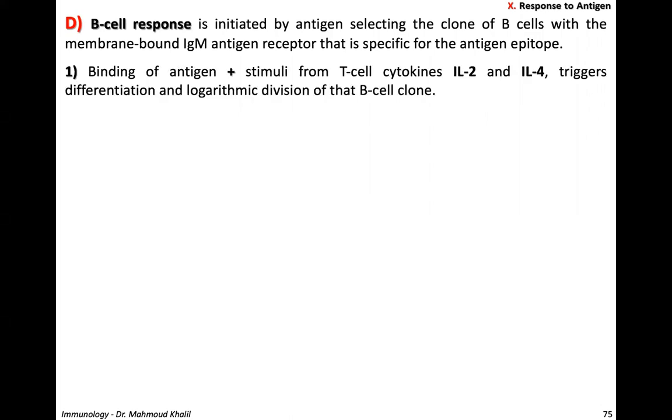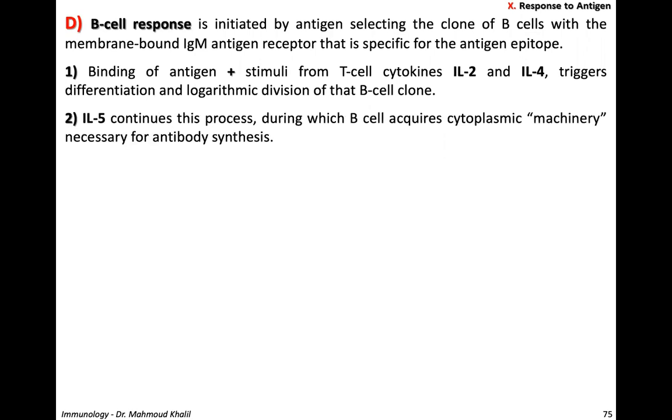So the binding of the antigen plus the stimuli from the T cell cytokines interleukin 2, interleukin 4, triggers, of course, the division and differentiation of the B cell clone, the specific clone which is specific to the antigen. The interleukin 5 continues this process after interleukin 2 and 4, during which the B cell acquires the cytoplasmic machinery necessary for antibody synthesis.